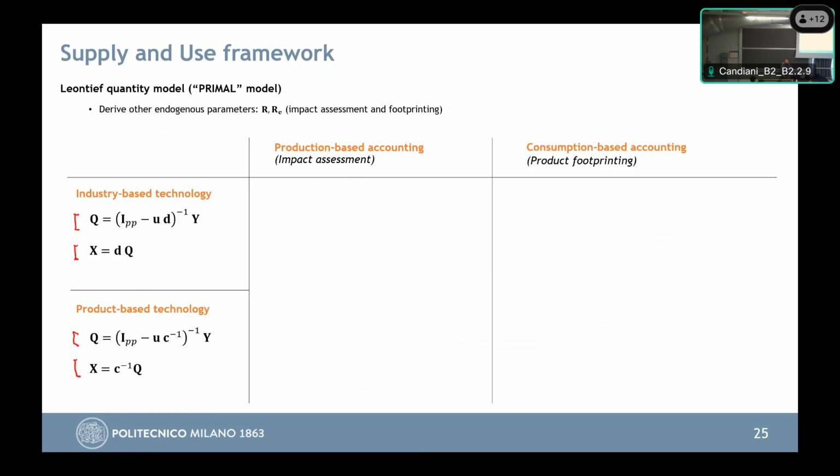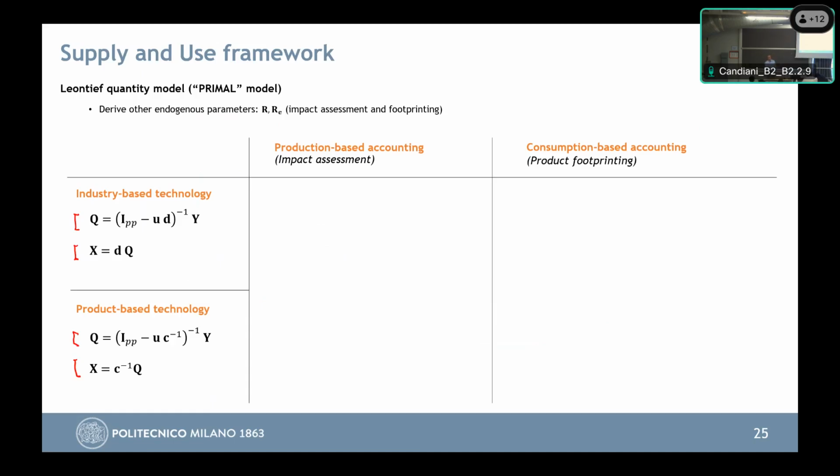Then what happens if I have to perform impact assessment? The first step is the most difficult because I have to define the technology assumptions and define where the balance is, and I have to calculate the total activity and the total demand. Let's assume that we succeed in doing so.